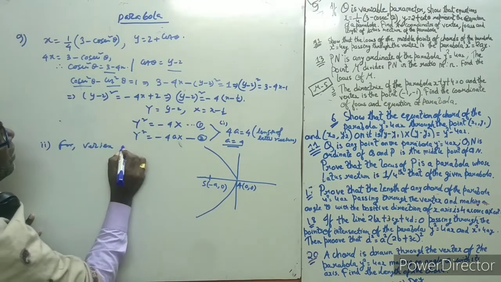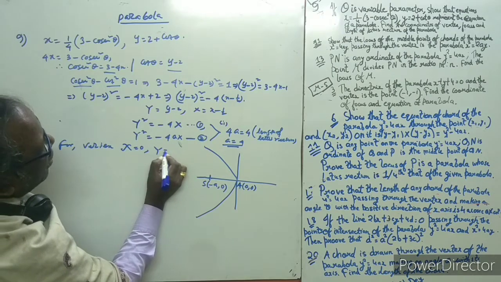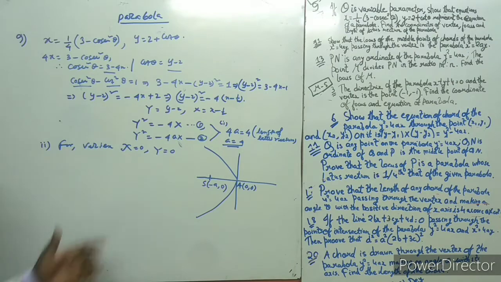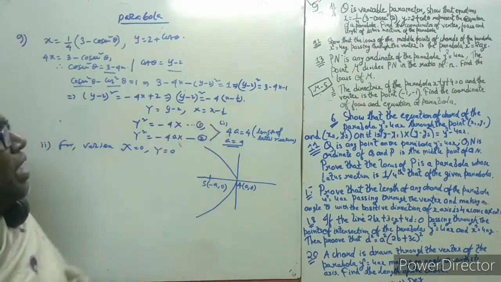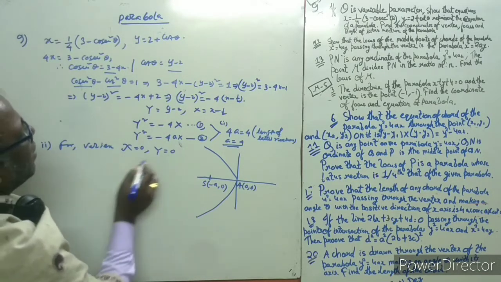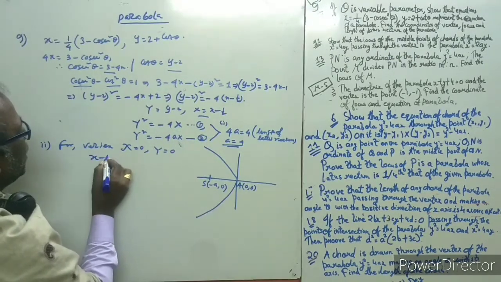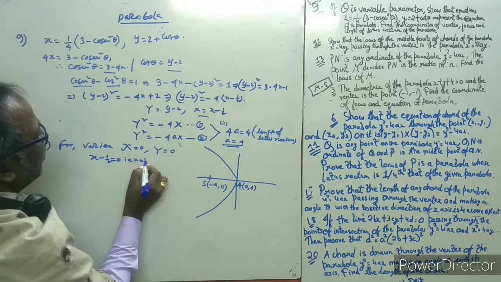So for the vertex, capital X equal to 0 and capital Y equal to 0, as the origin is shifted to another point, and that's why you take the variable y minus 2 as capital Y and x minus half as capital X here. So capital X equal to 0 means x minus half equal to 0, that is x equal to half.